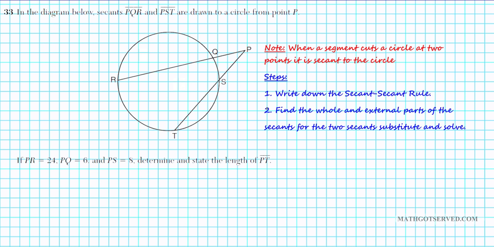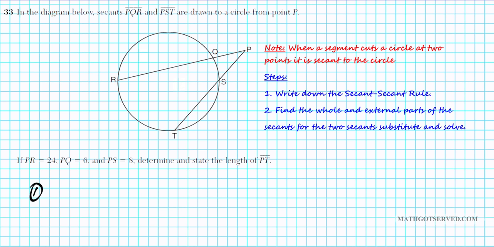Then, part 2, we're going to populate the different parts of that rule with the parts that we know and the parts that are unknown, and then use our equation to find the unknown part. So step 1, let's write down the secant-secant rule.